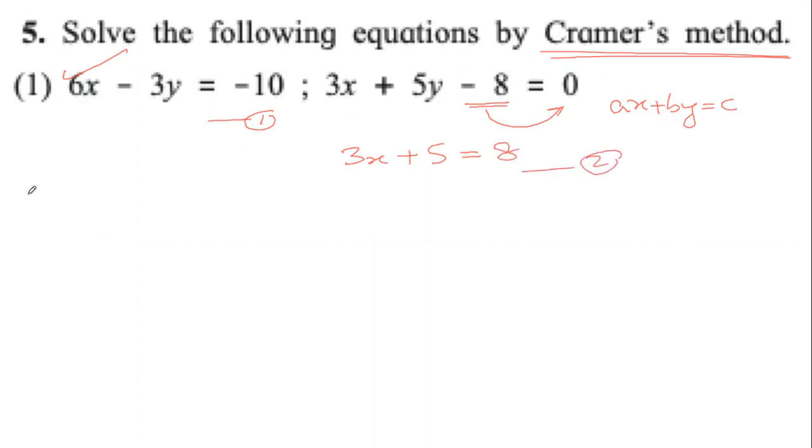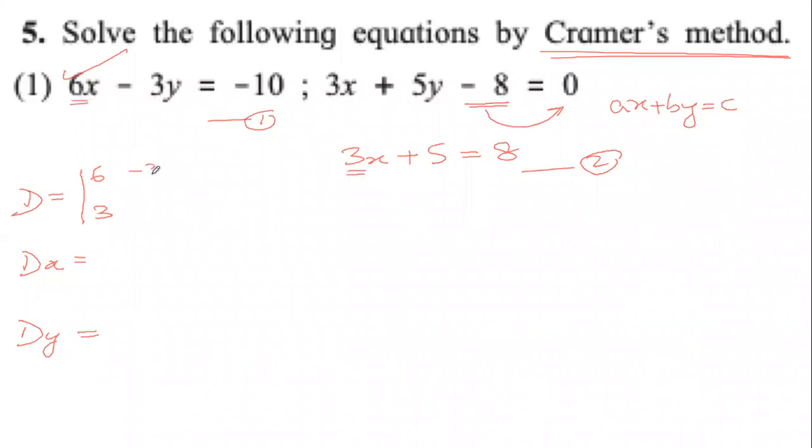Now the second step is we have to find D, we have to find Dx, and we have to find Dy. I'm waiting for you to tell me the value of D. To find the value of D, we first write the determinant. So 6 and 3. Where is 6? Here. Where is 3? Here.